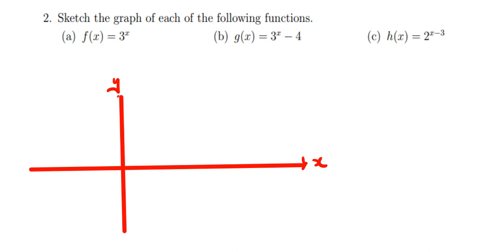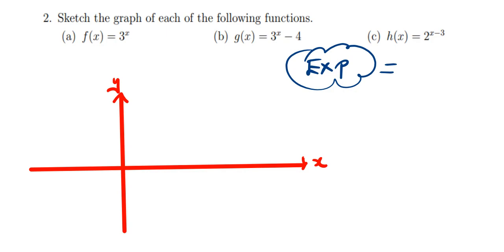Now we're told to sketch the graph of each of the following. So for exponentials, what you should understand is that you have the x-axis as the asymptote. We're going to call it the horizontal asymptote.